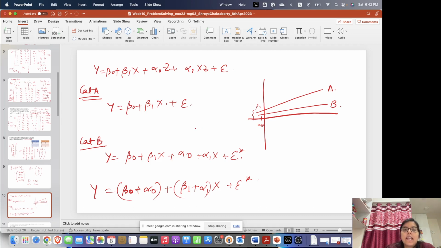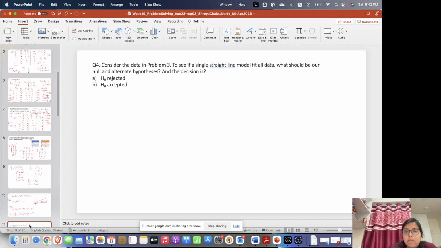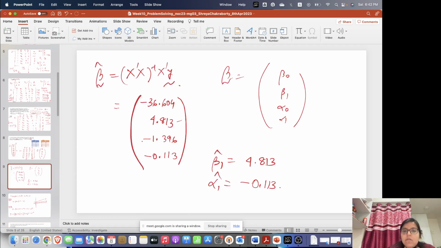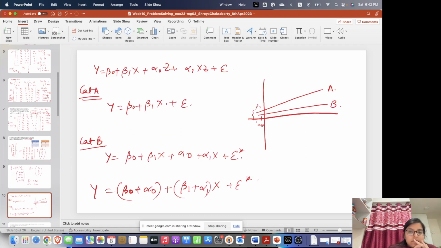Okay, now we want to find out something. We want to test this hypothesis. So if we plug in beta naught, beta 1 and alpha 1 values, we want to find out whether this kind of segregation is at all necessary, or will a single line be able to fit the data.